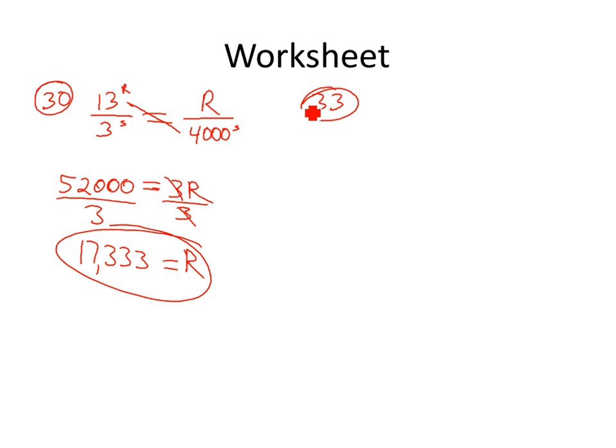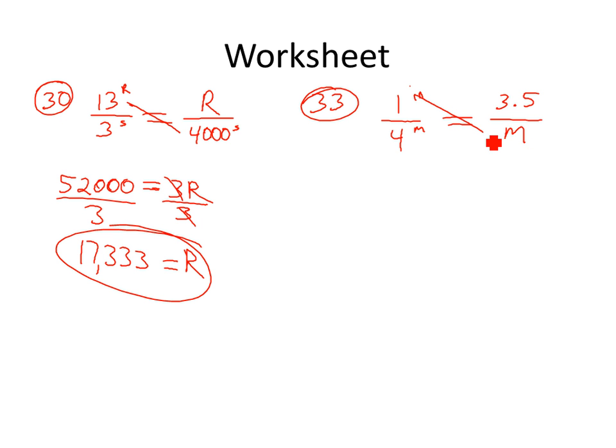A scale on the map indicates that 1 inch equals 4 miles. If two towns are 3.5 inches apart on the map, what is the actual distance between the two towns? So again, we're going to set up a proportion. What's the first one? 1 over 4. What's the 1? Inches. What's the 4? Miles. 3.5 on top, M on bottom for miles.